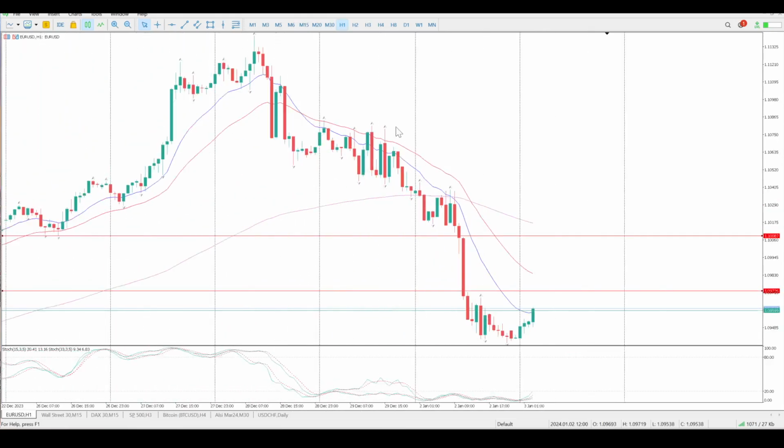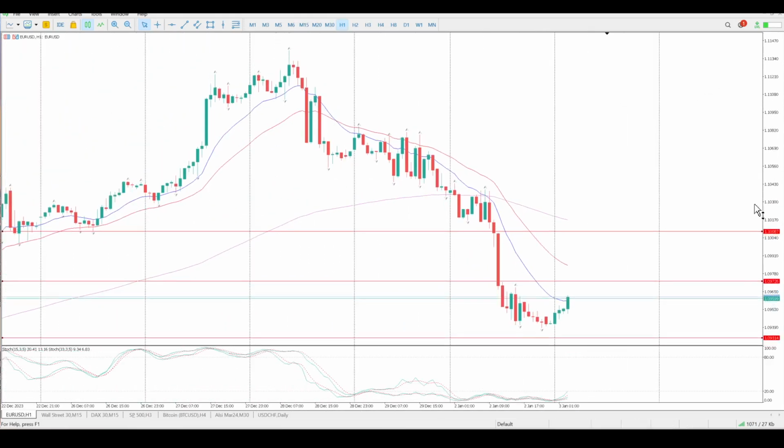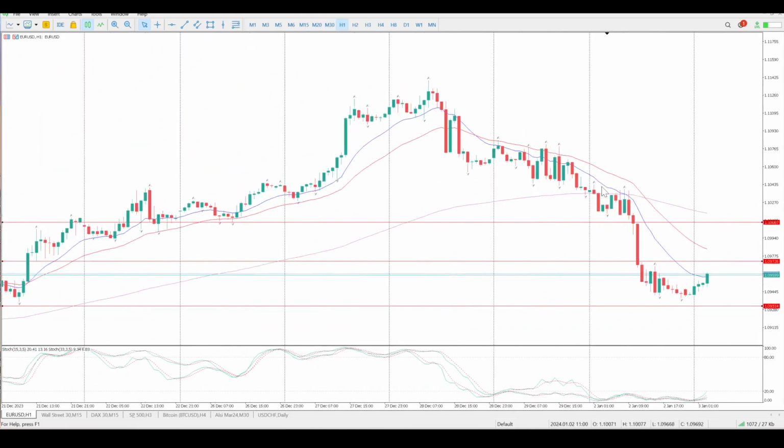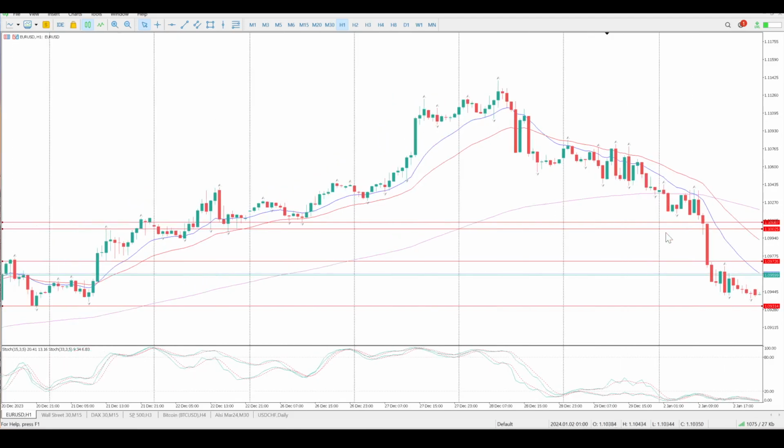If you look at it from the other angle, which is going to be the short side, this zone that we have, I don't think there's anything else, right?